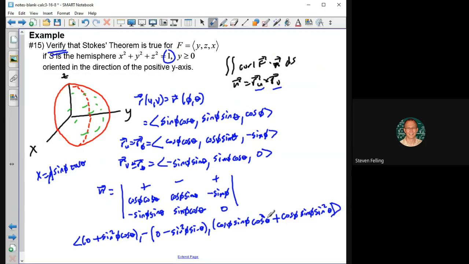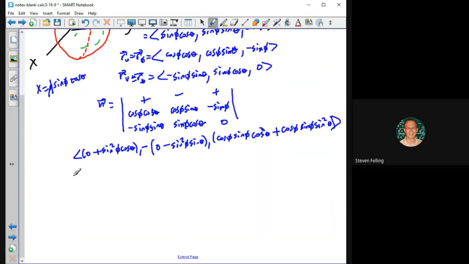Okay, which simplifies to sine squared phi cosine theta, negative negative, so this is sine squared phi sine theta. And then here, I'm going to factor this out of both of these because that would leave a cosine squared plus sine squared, which cancels, so we end up with just cosine phi sine phi. Okay, that's the n vector.